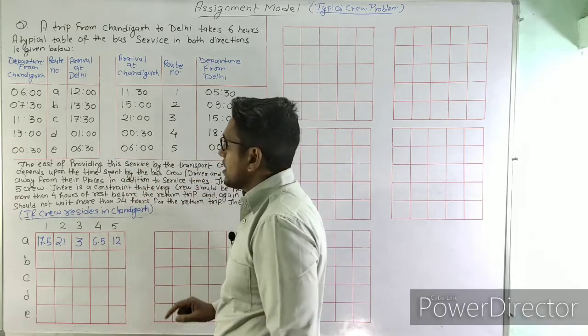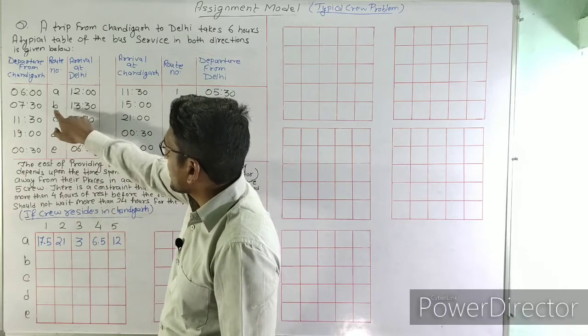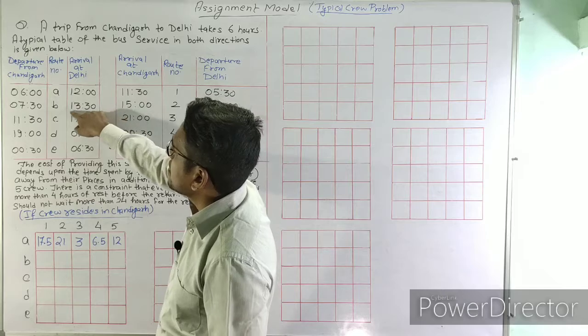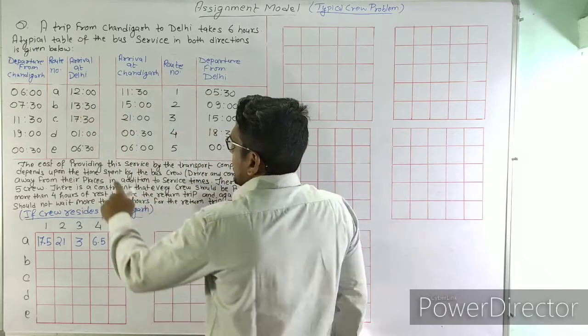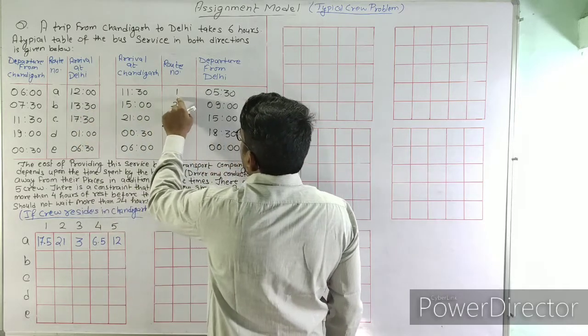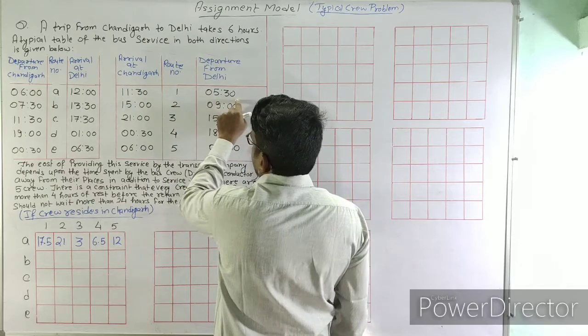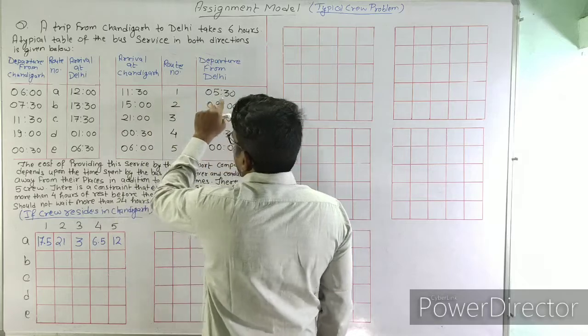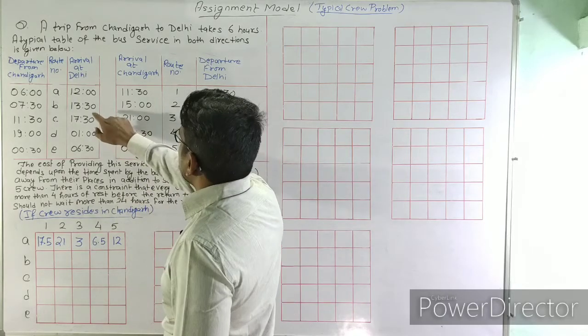Now similarly, if a crew arrives with route B, that is the arrival time is 13:30, and if it departs from route 1, that is at 5:30 am, let us see the difference.